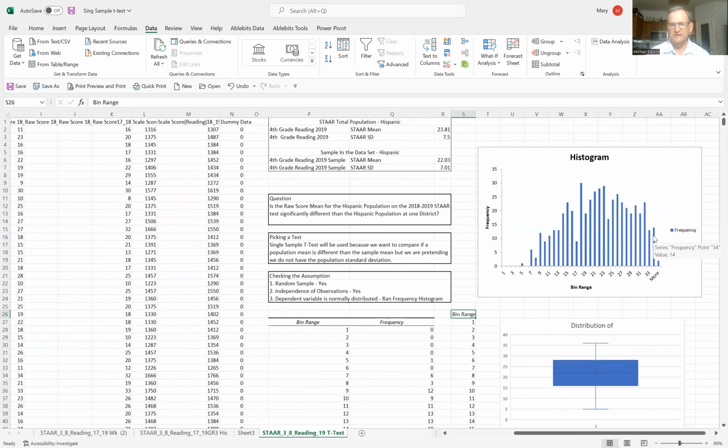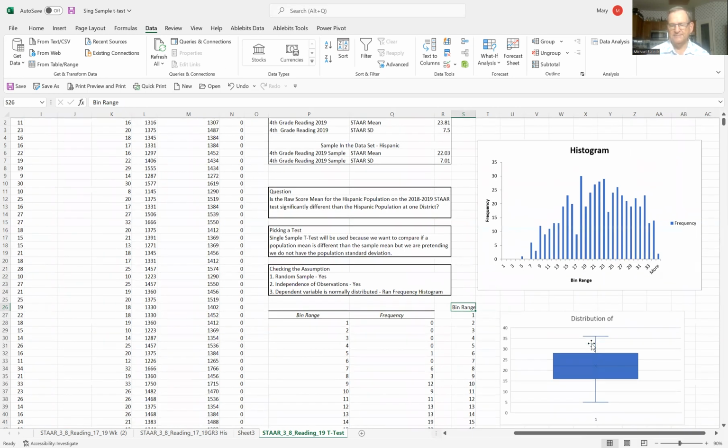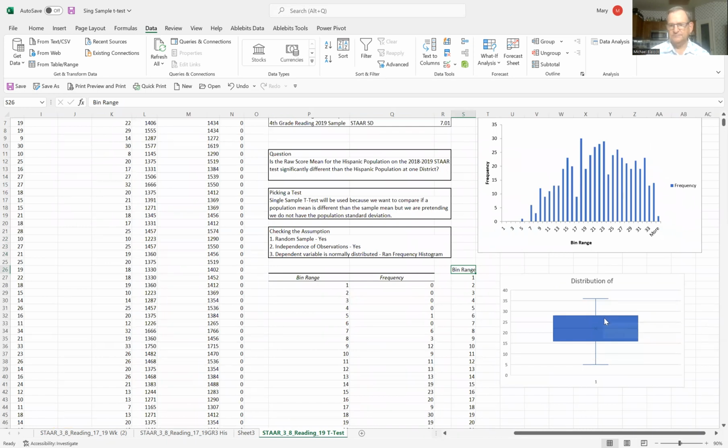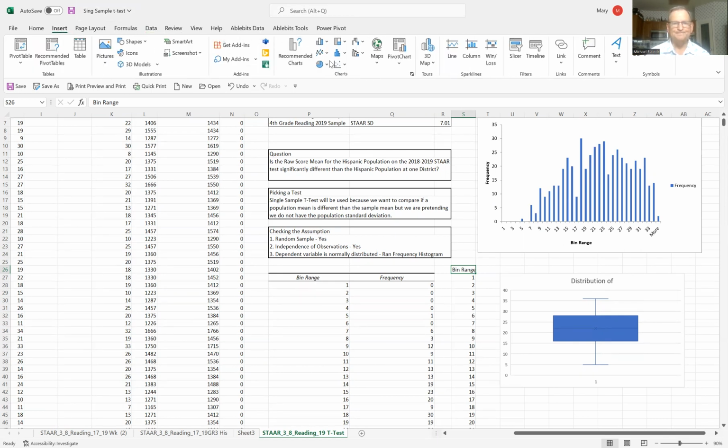And as you can see, it is normally distributed, and I also did a distribution here by going and inserting the chart to show that the data fell between a quarter here, a quarter there, half in the middle.